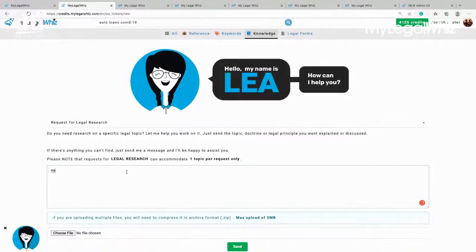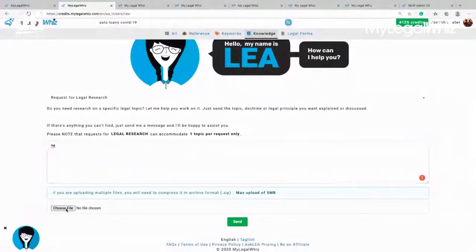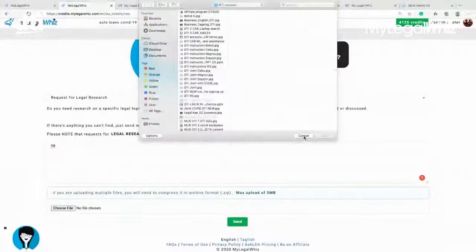Or if I am an employer, MSMEs, and need to downsize, pwede sila magtanong dito and check what are their obligations and rights as employers. Very important po yun. And then they can even attach it here. Meron tayong attachment dito kung meron silang instructions or something. So napakadali na lang po and then we answer those questions.